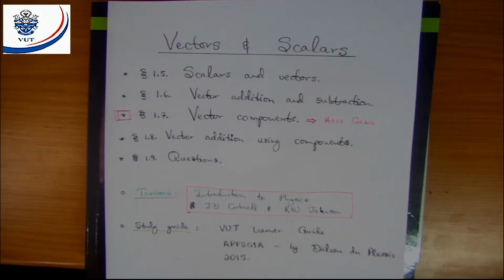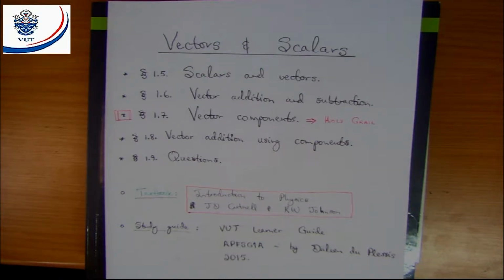Then we'll move on to the more important, which I've called here the Holy Grail, which is vector components, and that's going to be very useful even when we look at Newton's laws. And then we'll also look at vector addition using components, so that uses the previous section. And finally we'll look at some questions which are from the study guide.